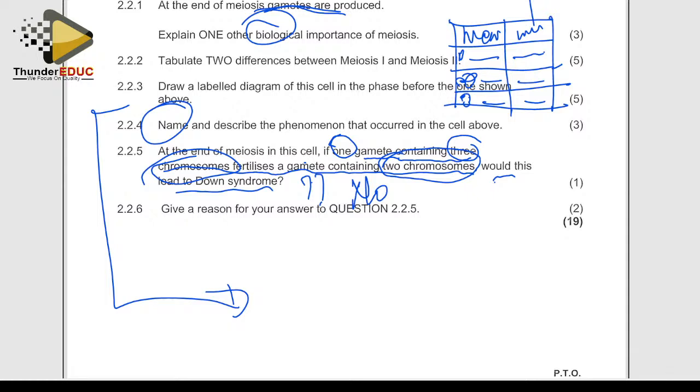Draw a diagram of a cell in a phase before. That's exactly what I say. As if these people are reading my mind, eh? Anyway, draw the phase of this cell before the one that's shown above.